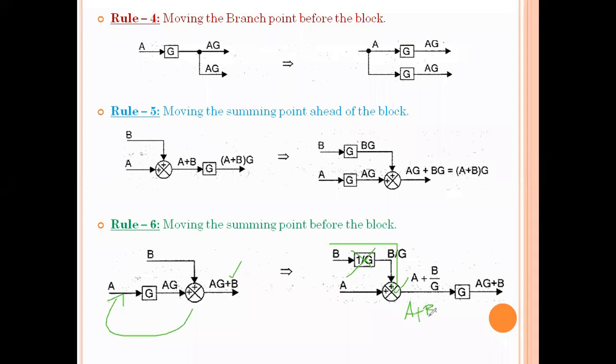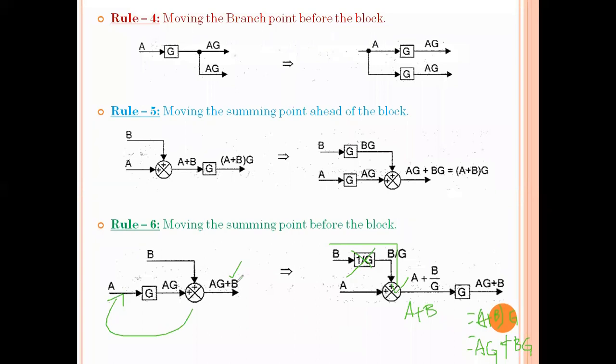And if we give this A plus B signal to this block, then the output will be A plus B into G, or we can write AG plus BG, which is wrong, because the output must not change, right?